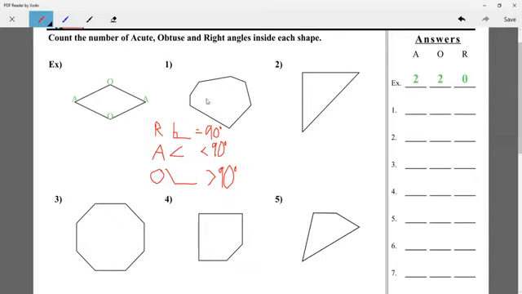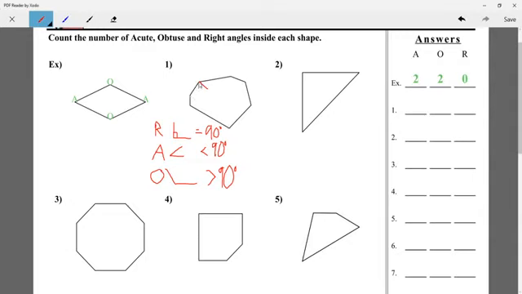Now, what I like to do, if I can't figure it out, is, for this angle right here, I draw an angle that would be perpendicular. Perpendicular basically means that it would make a 90-degree angle.